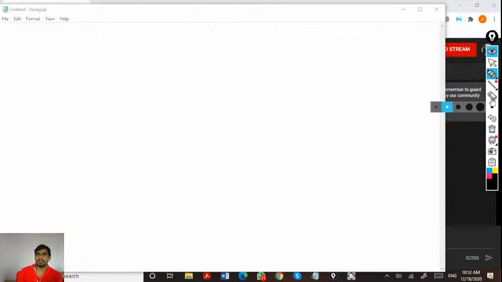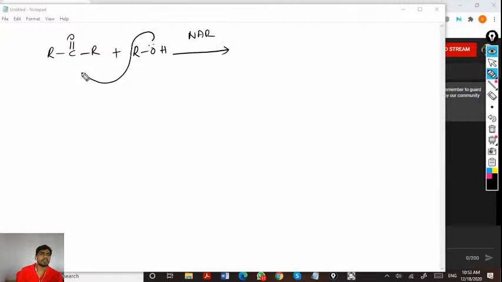So next type. Not only hydrolysis of the carboxylic acid derivative, addition of alcohols to the carbonyl carbon is also a nucleophilic addition reaction. Okay, if this is the case, the alcohol nucleophile is going to attack. It's going to become O minus and R, and H will be attacked.